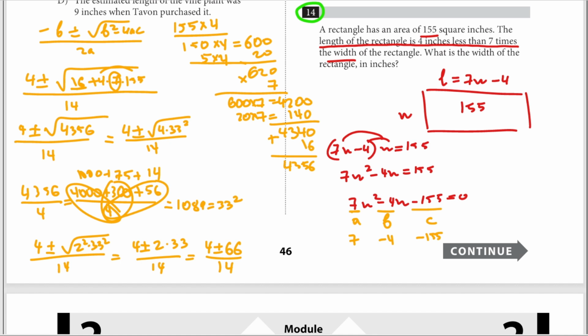We're not going to do the minus because it's going to be less than 0, but we can do the plus, so it's 4 plus 66 over 14, which is equal to 70 over 14, which is equal to 5. Boom, got the answer for the width, right? The reason why that's the width is because we were solving for w, and w is width. So that is the proper way of solving this problem.